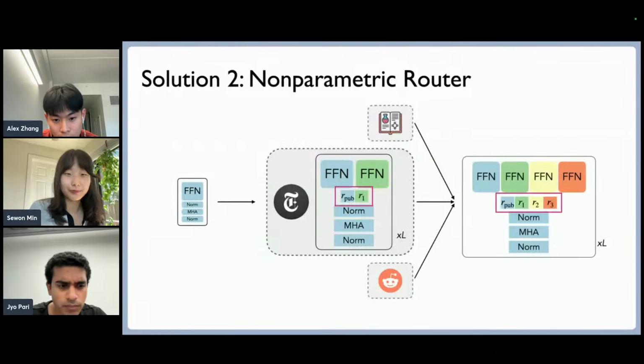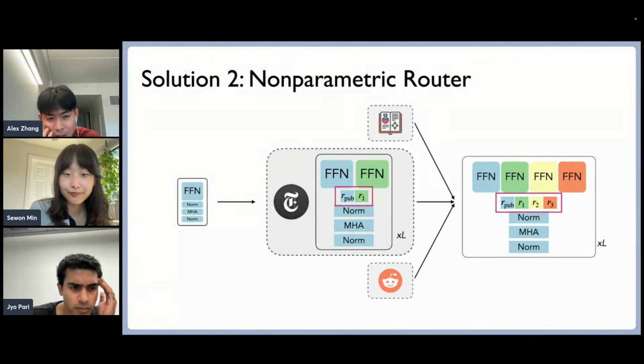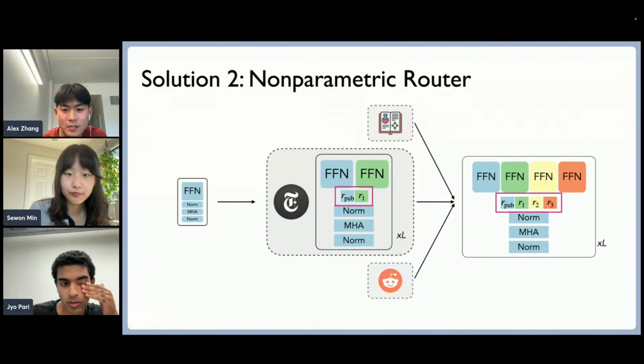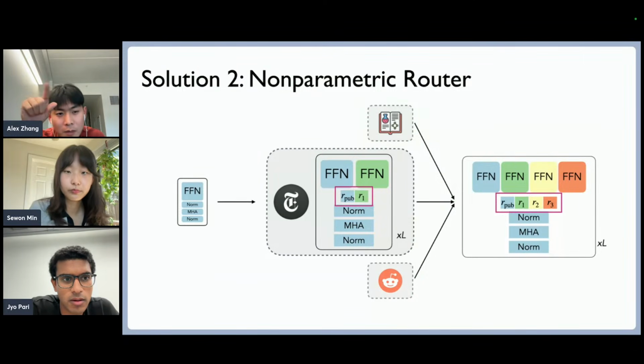Yeah, I think there was a... Oh, sorry, I guess the question in the chat, they answered it themselves. I was wondering one thing though: if the public router is fixed across all the different private domains, you fix it, right? Yeah, R_pub is fixed. I see.